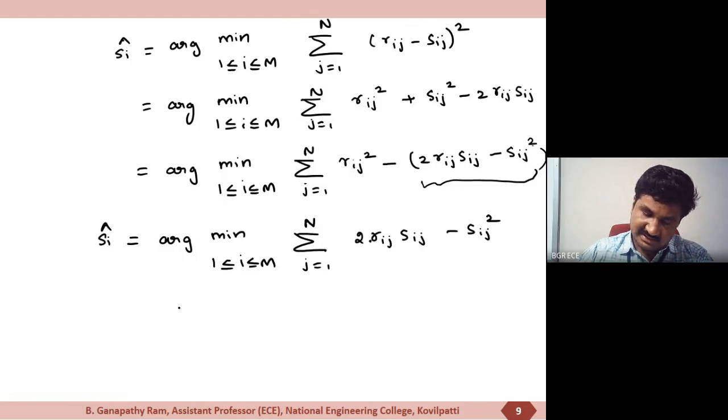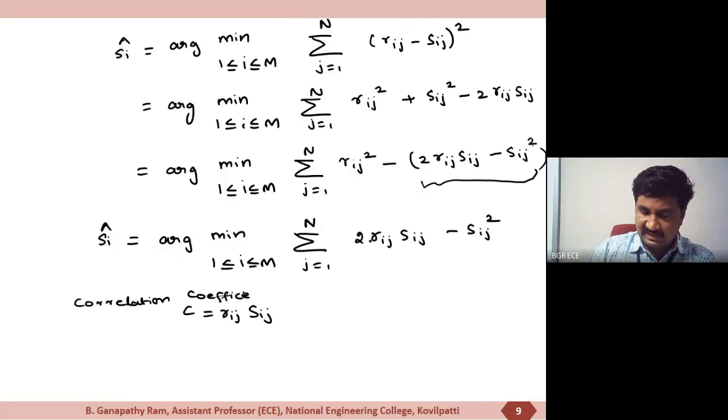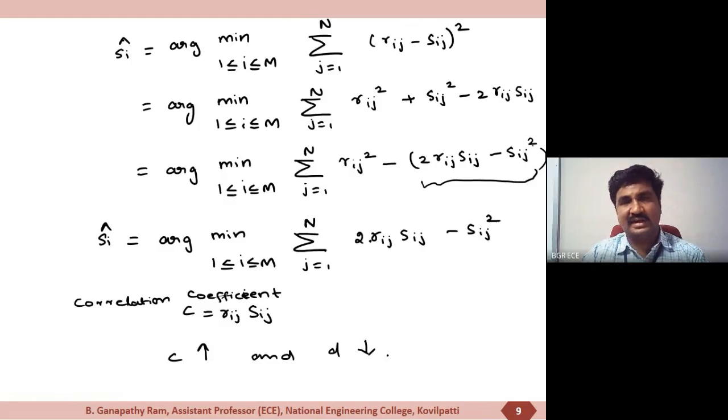Here, rij sij is the correlation coefficient, and this correlation coefficient should have the maximum value and the Hamming distance d should have the minimum value in order to estimate the original signal which is transmitted by the transmitter.